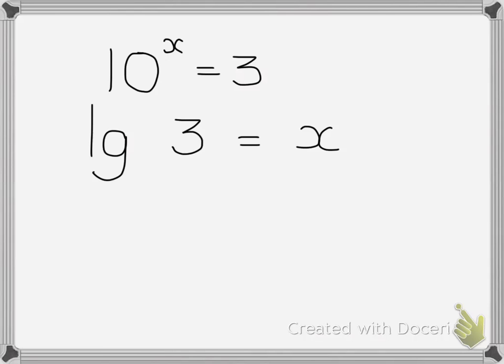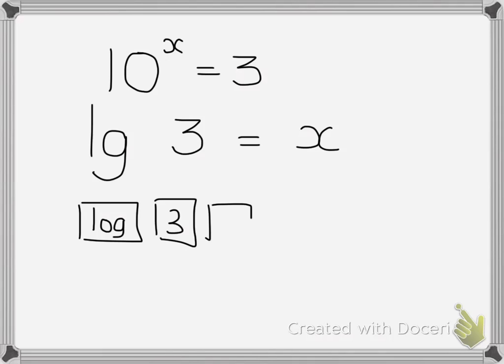So it's LG 3 equals x. In the calculator, you look for the LOG button, tap that button, tap 3, and then tap equal, and it should give you the answer: 0.4771.